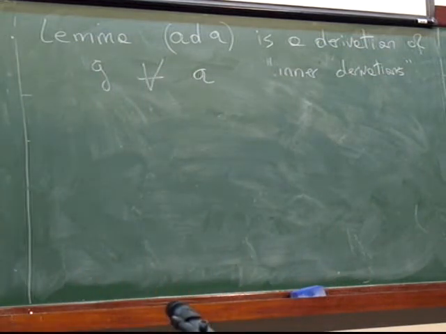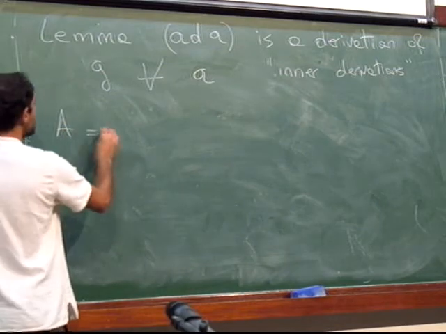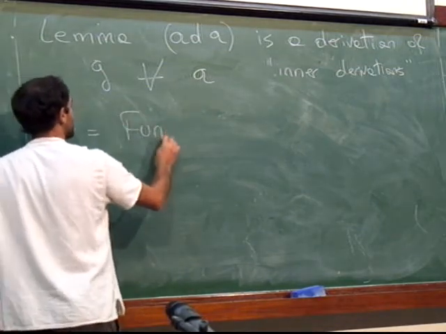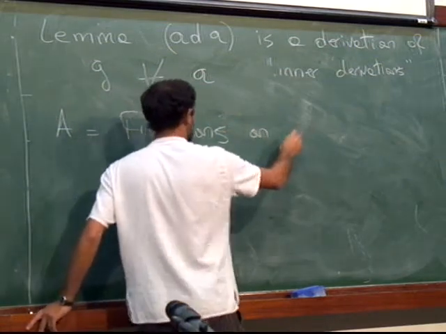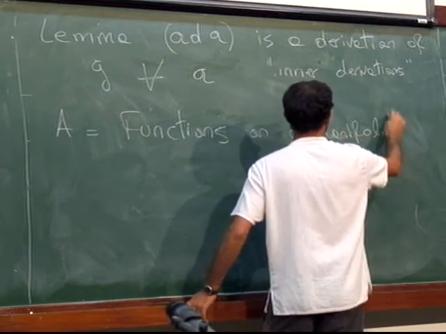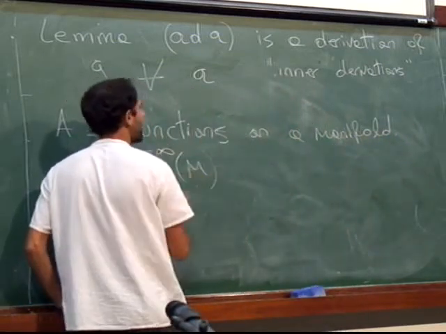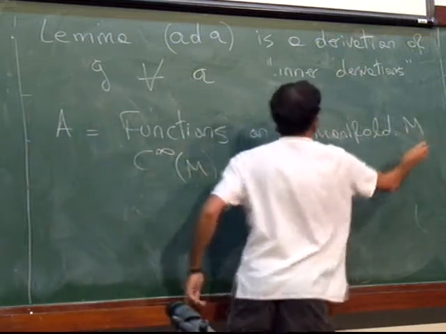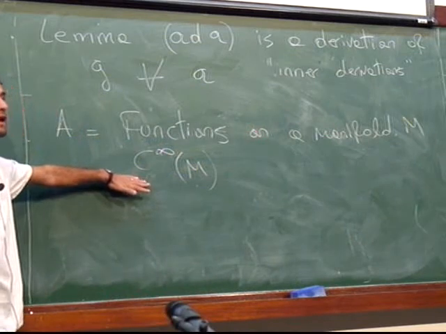Now, let's move back to the derivations of an associative algebra. So, for example, if A is the algebra of functions on a manifold, you can think of smooth functions, say C infinity functions, on a manifold M, or analytic functions, or whatever they are, the derivations of those are vector fields.